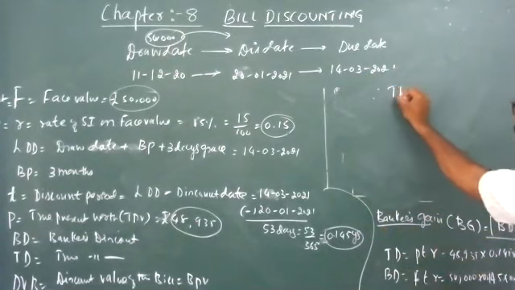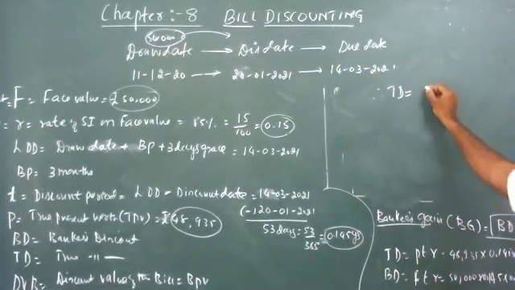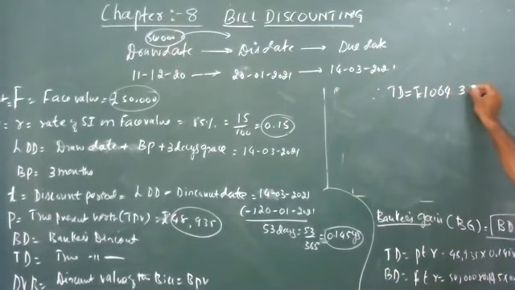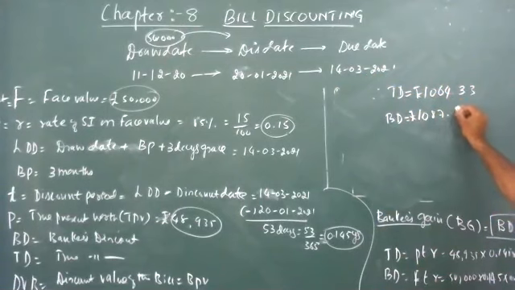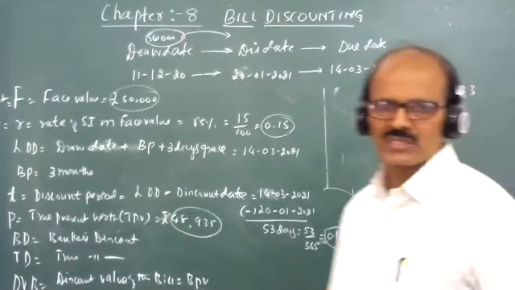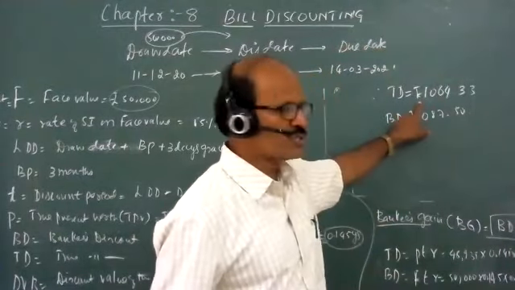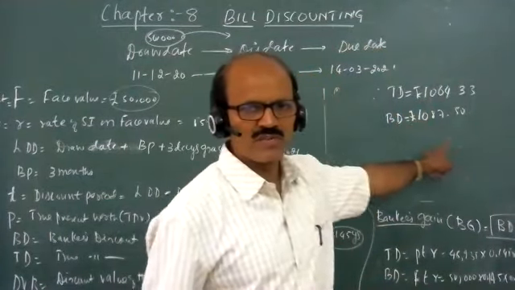therefore, the true discount you get is 1,064.33 rupees, and banker's discount is equal to 1,087.50 rupees. If you use the calculator, you get the answer like this. True discount becomes 1,064, banker's discount becomes 1,087.